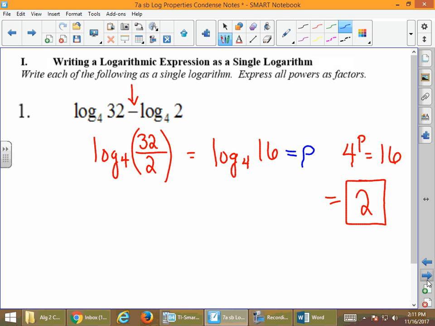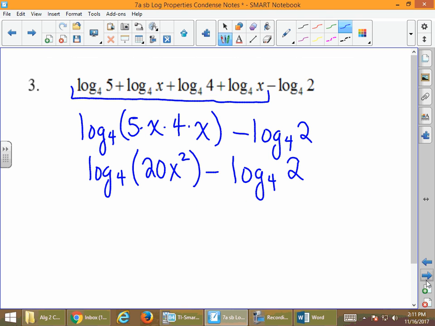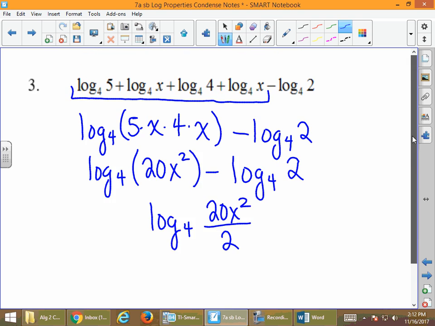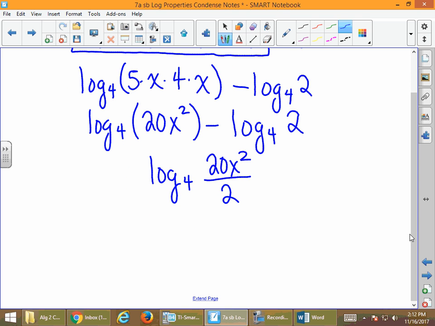We can condense that down into log base 4 of 20x squared divided by 2. And then the question remains here, can we simplify that anymore? We've got a single logarithm now, but can we do any simplifying? And 20 divided by 2 is 10.